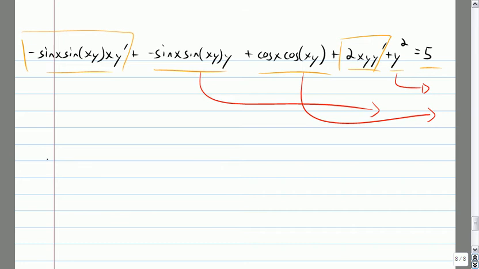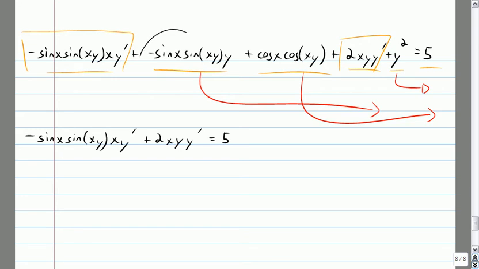So, see, I got a negative sine x, sine of xy, xy prime plus 2x y prime equals 5.